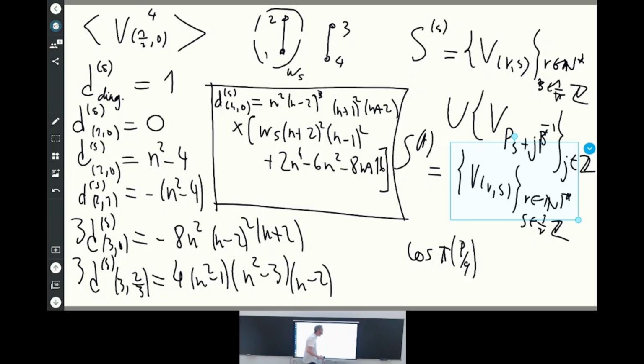These trigonometric coefficients are not surprising, because they should come from the phases in the loop weights, where we had this W_RS, which was exponential of i s over 2 times some theta. So morally speaking, that should be the origin of these cosines in the polynomials.